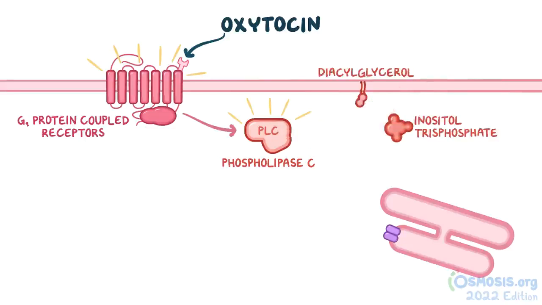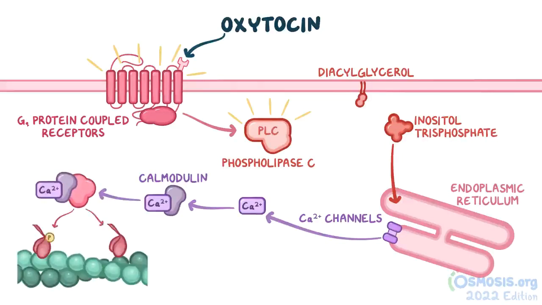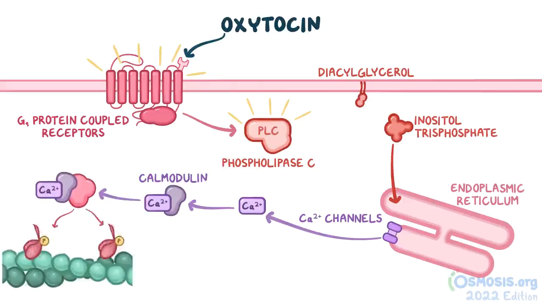Inositol trisphosphate is soluble and diffuses freely through the cytoplasm and into the endoplasmic reticulum, where it opens up calcium channels. Since the calcium concentration is higher in the endoplasmic reticulum than in the cytoplasm, calcium flows out of the endoplasmic reticulum to the cytoplasm. Calcium ions then bind to calmodulin and activate myosin light chain kinase, inducing muscle contraction.